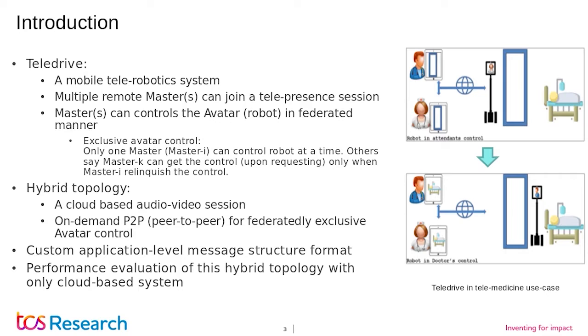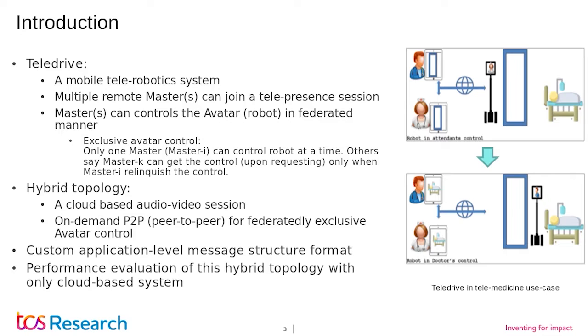She also joined the session, and she takes the control of the robot first, and then she navigates the robot towards the patient cabin, and after reaching there she relinquishes her control, and the doctor will take the control of the robot and then start inspecting the patient.